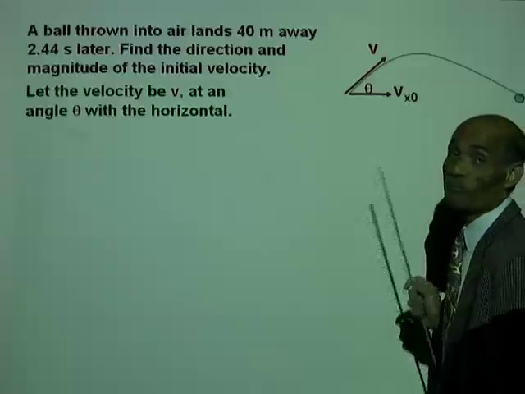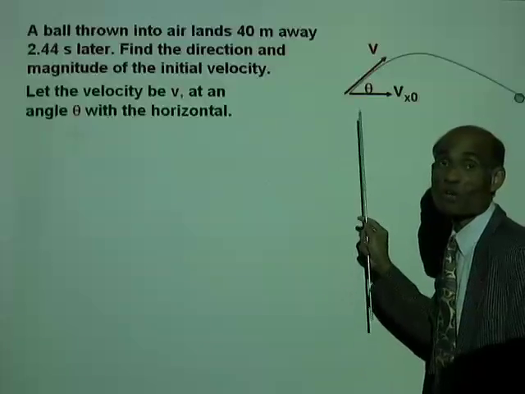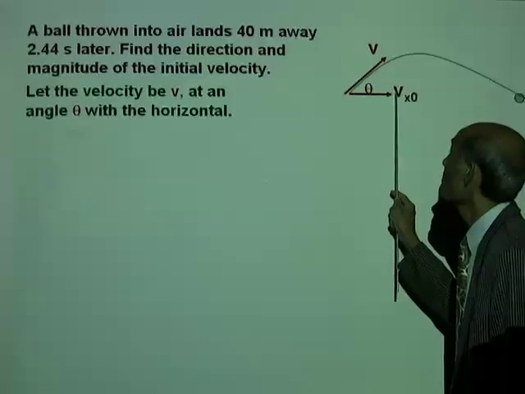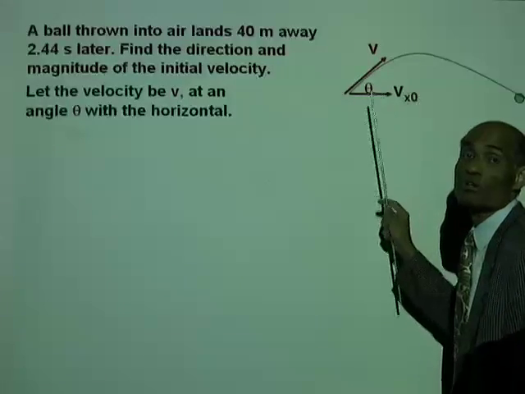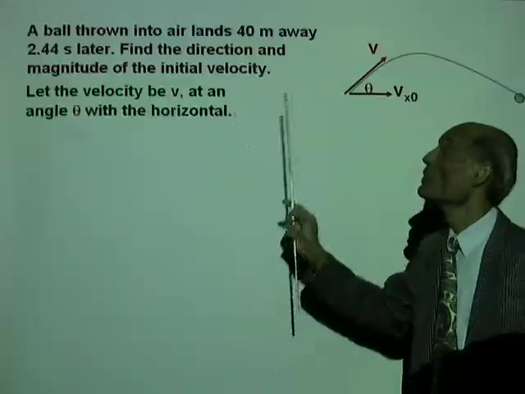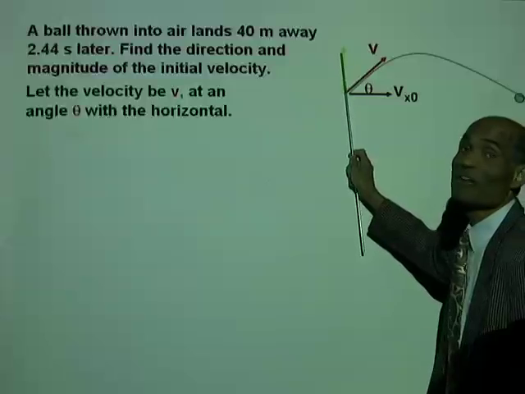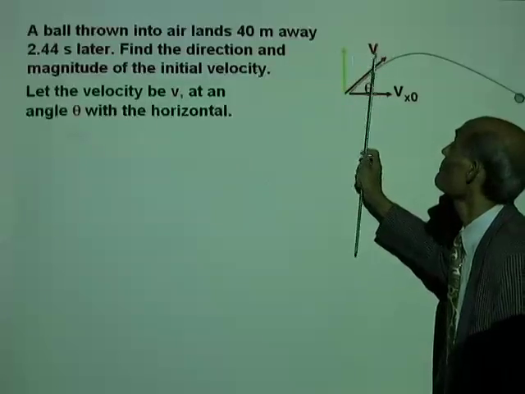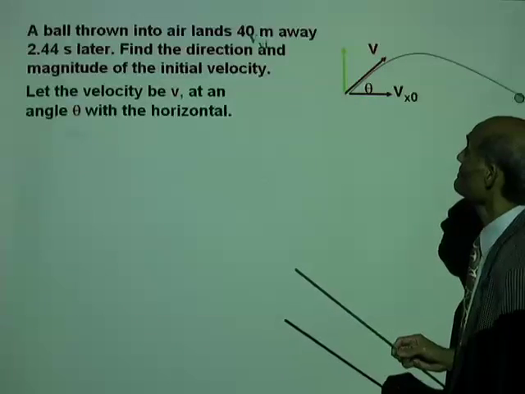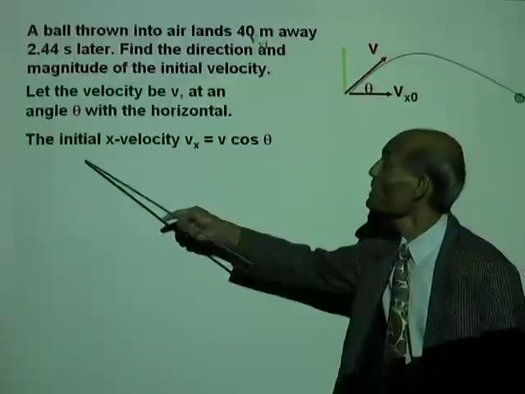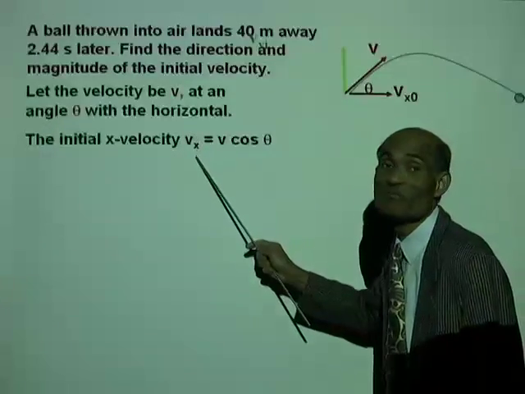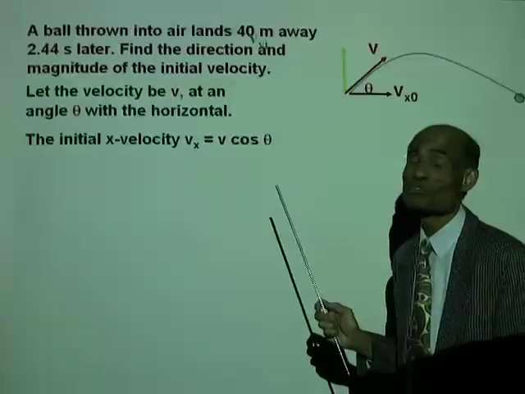Now the horizontal component of the velocity, vx0, which is the same as vx, will be v cos theta. Is that right? And the vertical component will be v sin theta. The initial x velocity vx equals v cos theta.